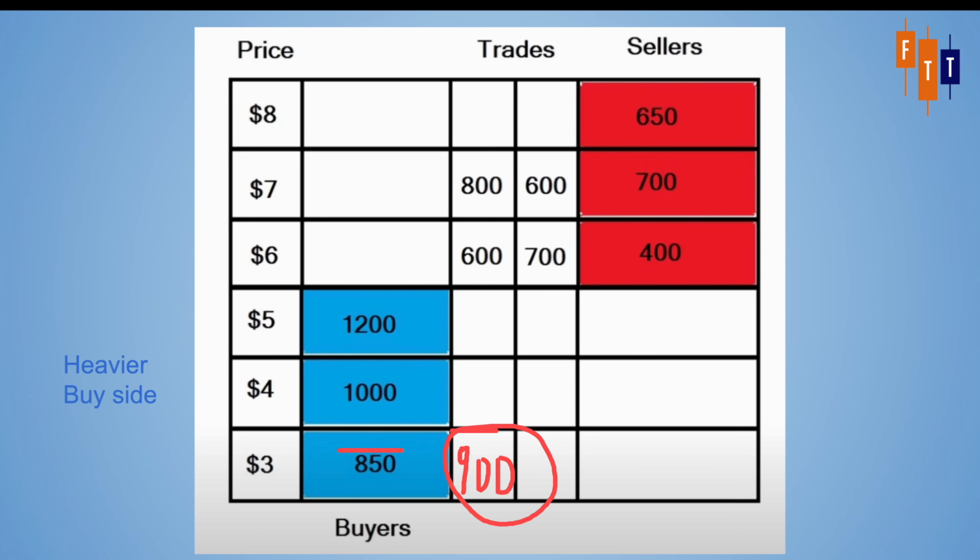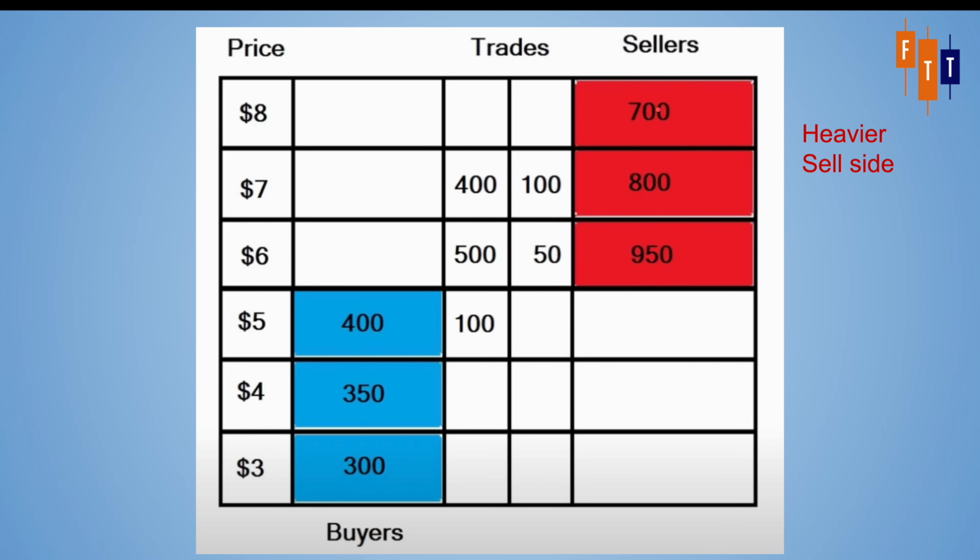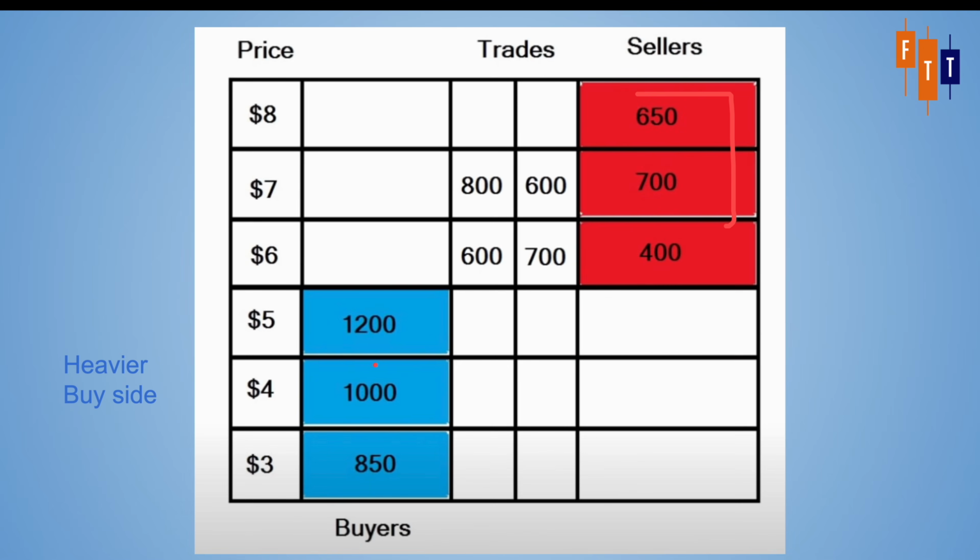Then you know that is a completed transaction, and 900 sellers market sold and hit the bid and filled at $3. All right, completed transactions matter. This doesn't matter so much. It helps us see that there's heavier sell side and heavier buy side right here. But what matters is completed transactions, because that's where you can see intention.